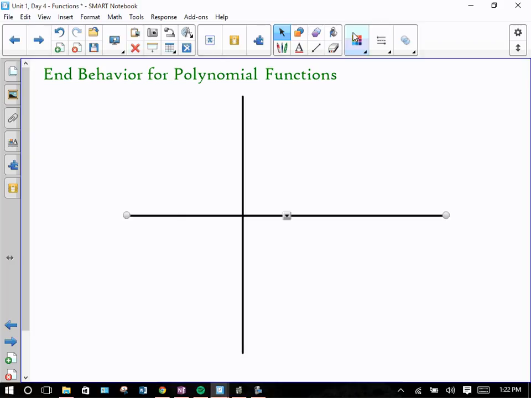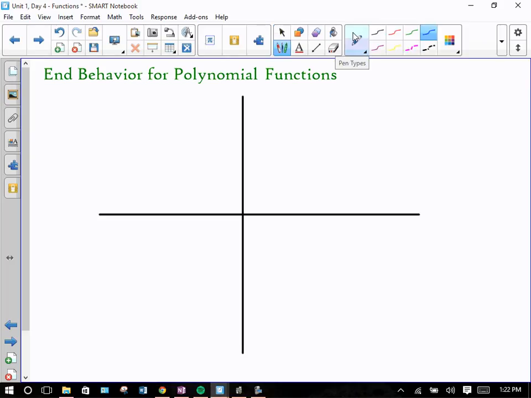I don't want you to have to look at the graph all the time, because to be honest, there's going to be times that you need to look faster. You need to be able to just look at a graph and identify it. So, to make your life easier, and not have to type in the function every time, you're going to want to take this into consideration, and I would memorize this.